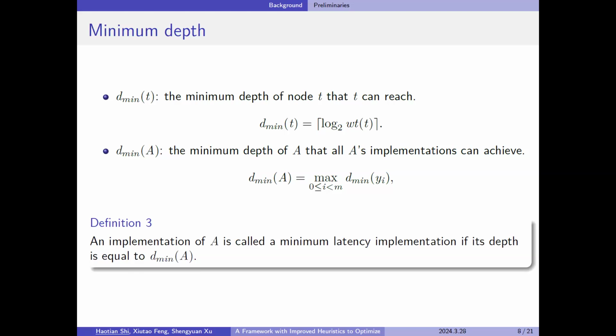It is easy to see that the minimum depth equals the maximum of all d_min(yi). And this kind of implementation is called a minimum latency implementation. And in this work, we focus on minimum latency implementations.